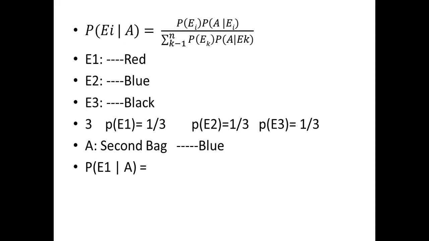So event E1. If I'm going for the i, it means that I'm talking with respect to this event. What is the probability that in the second bag, I might find the blue ball? Right now, for the first bag, I'm considering that it is going for getting the red ball.